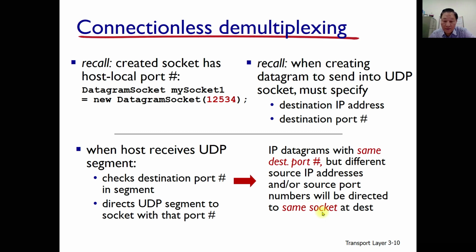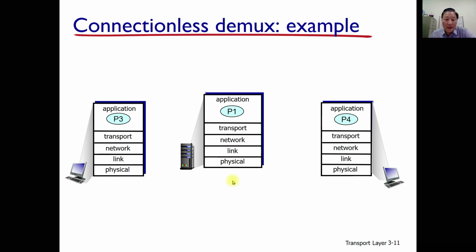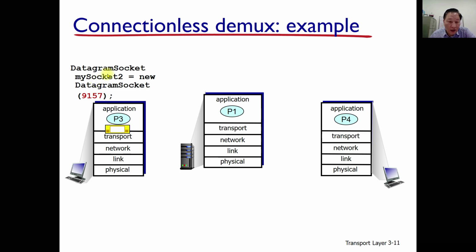Next slide. But anyhow, we'll focus on UDP first because, as I mentioned already, that is the simpler one. Connectionless demultiplexing is mainly used for UDP. For example, this is the socket number, and a datagram socket, a UDP socket, is created here, and here another one.